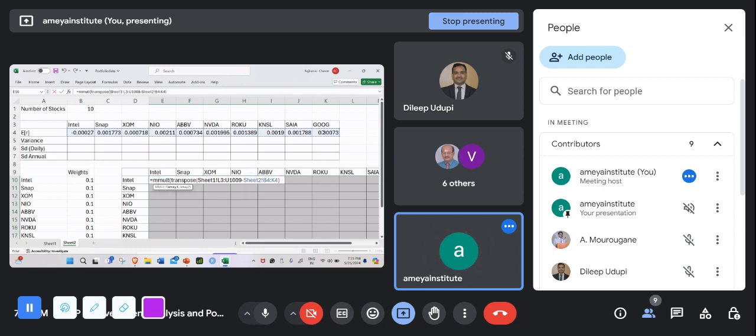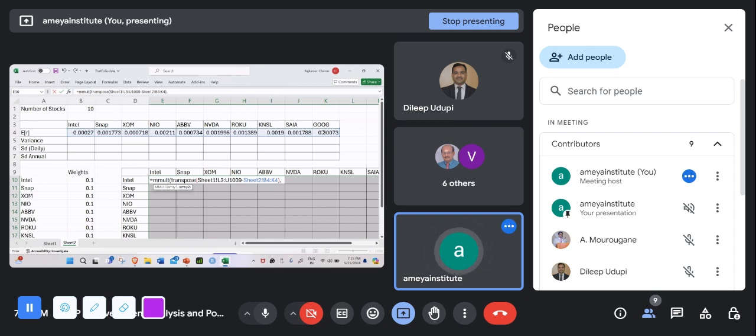Bracket close, comma. Now this has become the transpose. So the returns minus expected returns, that we have done.